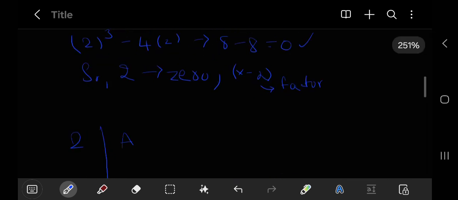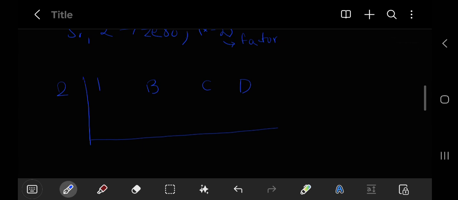Let's keep that one zero outside the box and the coefficients of a, b, c, d inside. So that will be 1, 0, −4, 0. So that will be 1 plus 0, that is 1. 1 into 2 is 2. 2 into 2 is 4.